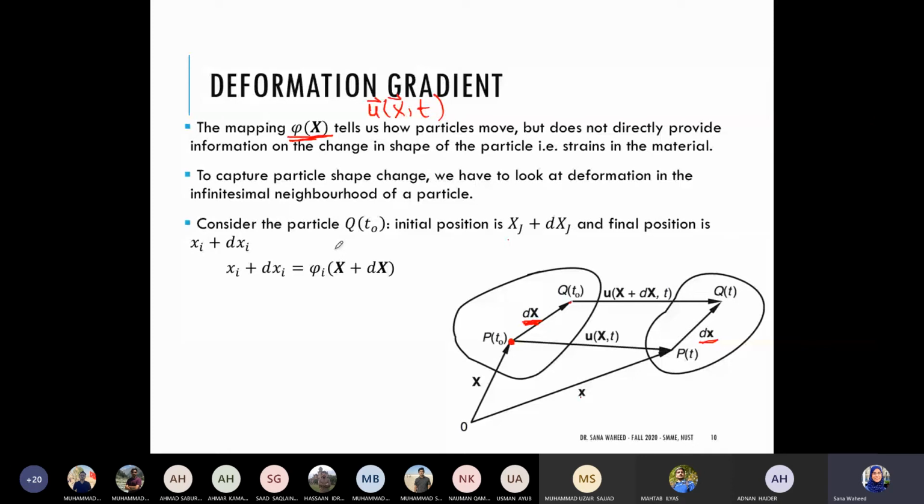the particle Q. Now what I'm going to do is use some sort of approximations in calculus where I can expand a function out using its derivative, right? So I hope you all are vaguely familiar with small changes and how we can use them in calculus.